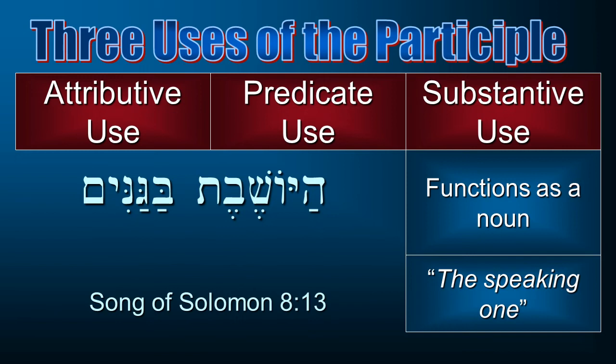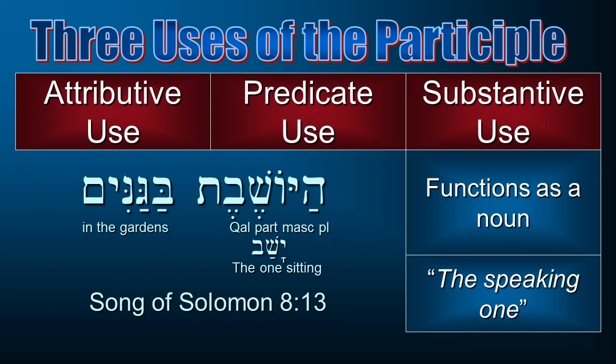Here's another example. This one is from the Song of Solomon, chapter 8 and verse 13. We have the qal participle feminine singular of yashav, and so we read ha-yoshevet. So it's the one sitting, baganim, the one sitting in the gardens.